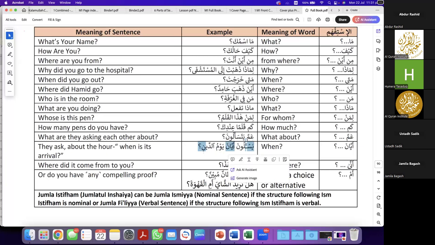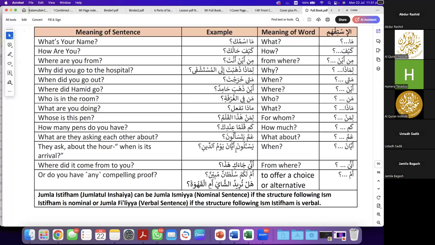Now this word ayyana, note the translation is when, and we also saw mata earlier on, but the usage is different. Mata is for ordinary things, like when am I doing this, or when did this happen. But ayyana is specific to the hereafter, about the hour, about the Day of Judgment.